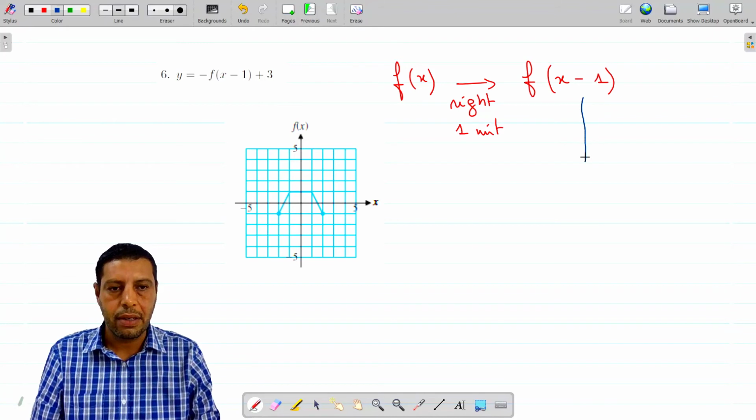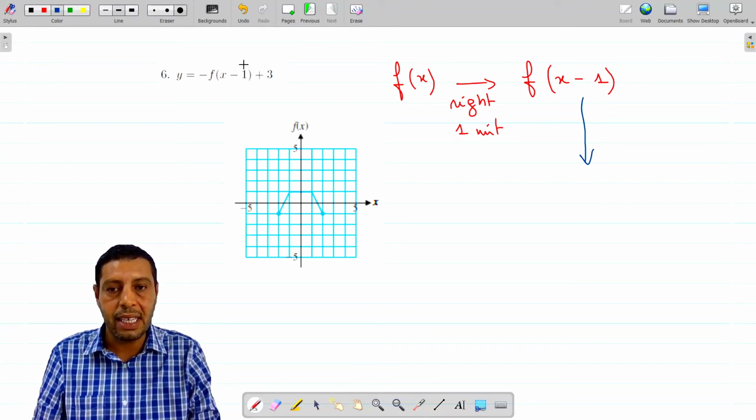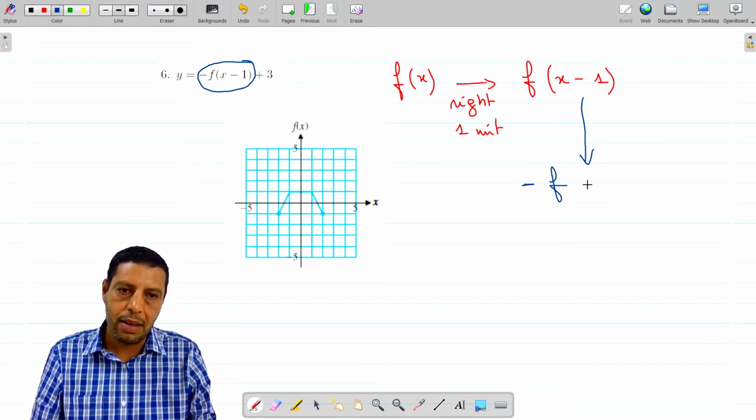Now, we're gonna move to the second operation. So after doing this, we're gonna multiply by -1, okay? Pay attention here. You have to multiply by this negative sign before doing your last operation, which is +3, okay? Because the negative sign is applied only on this expression here, okay? So we're gonna multiply by -1. So it becomes negative f of x minus 1.